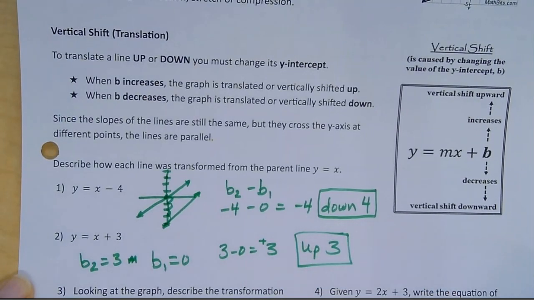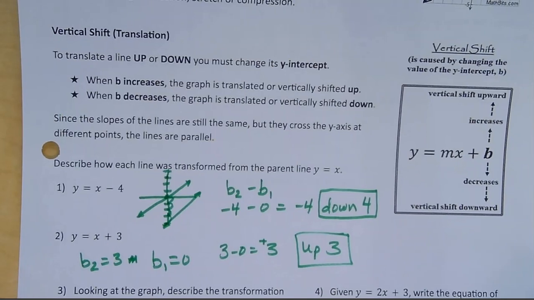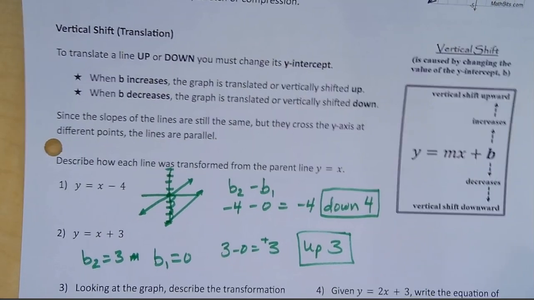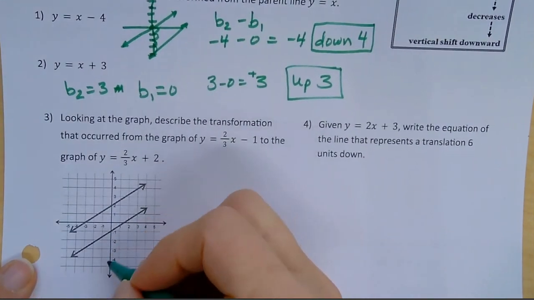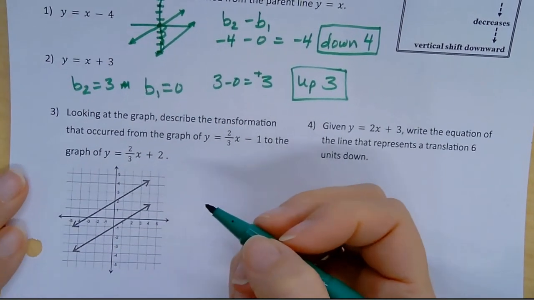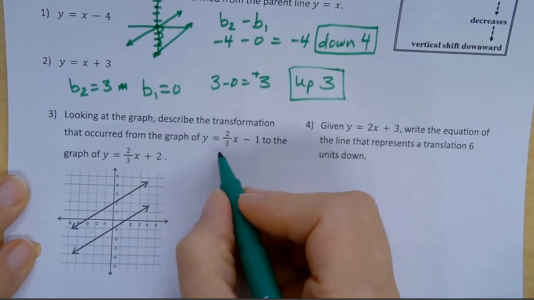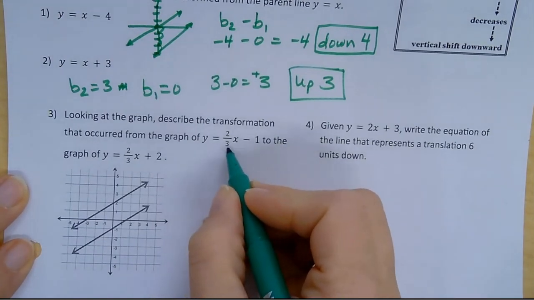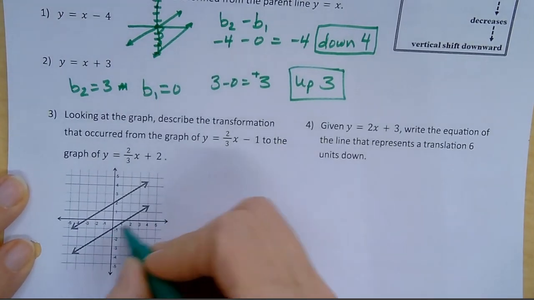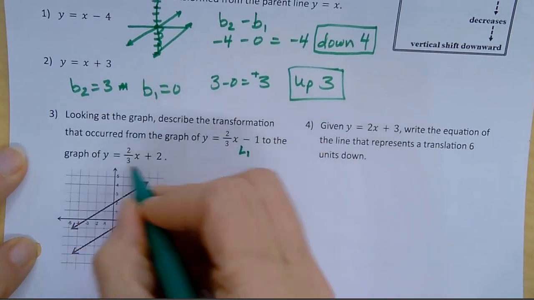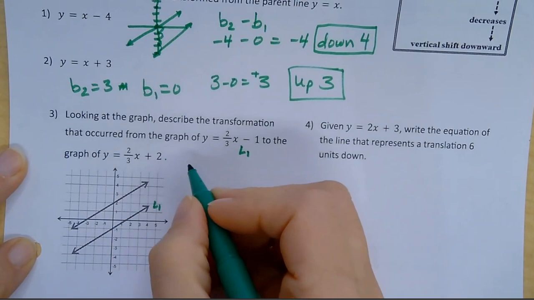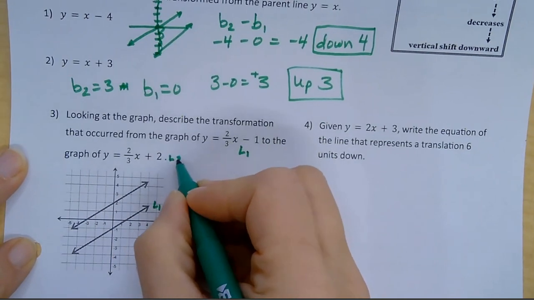Okay, so we can find our transformation using a graph or using an equation. Okay, so if we want to look at these two graphs, we want to know what is the transformation that occurred from y equals 2/3 x minus 1, this is this line, that's my first line, to y equals 2/3 x plus 2, this is my second line.